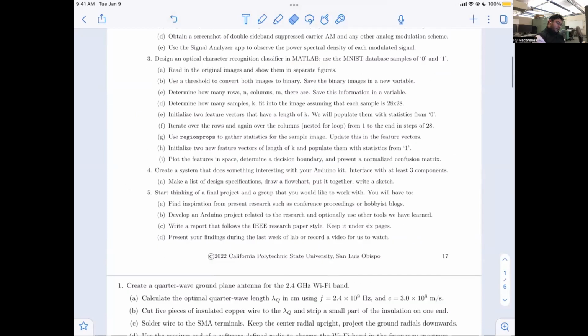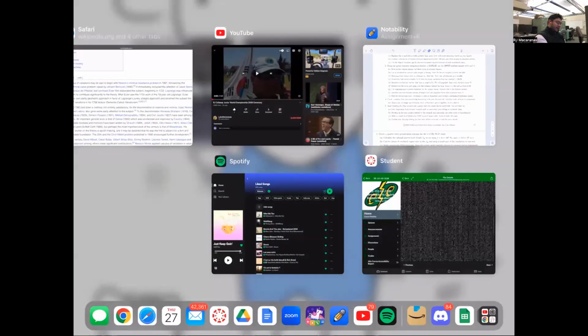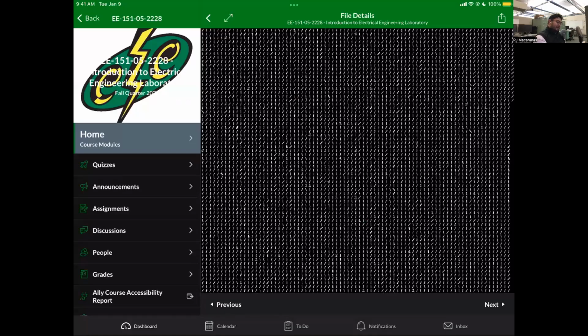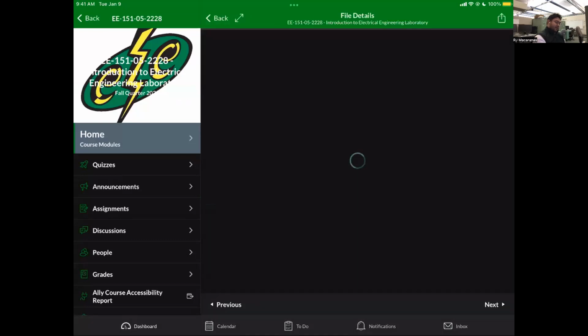So that's for part 3. I've got an example script that pretty much does a good portion of the steps, but what I want you to do is try it out on your own and see if you can do it before looking at this script that I've provided here.